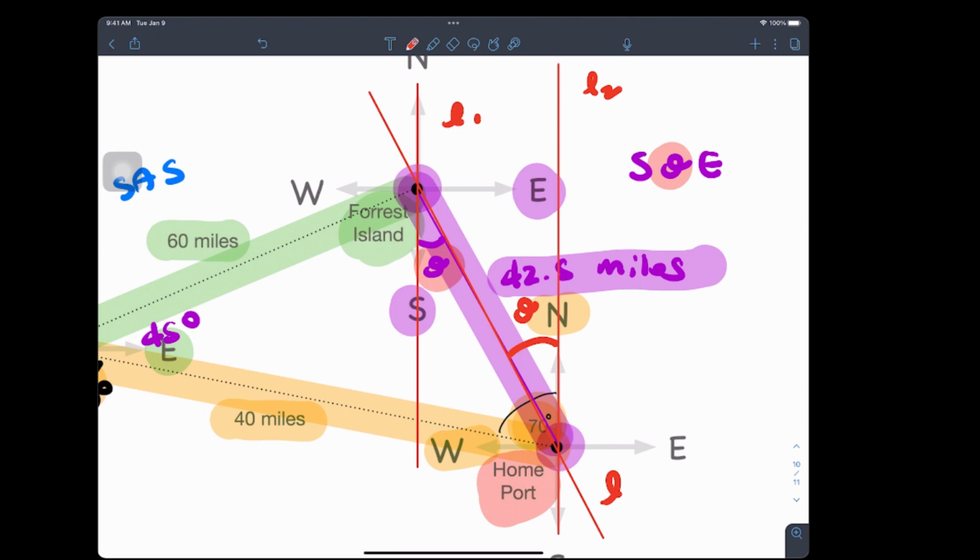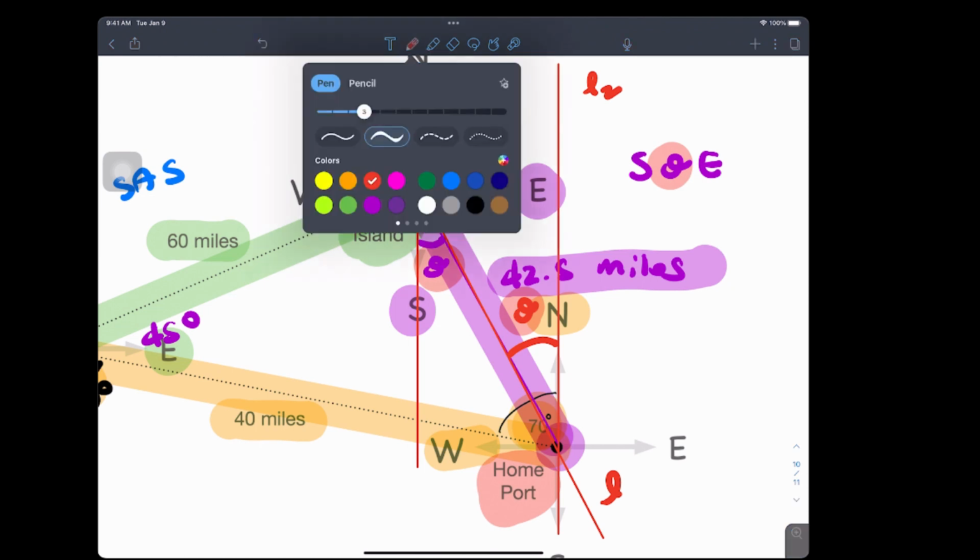Is that true? Isn't that a transversal there? That theta is the same. Is that right?